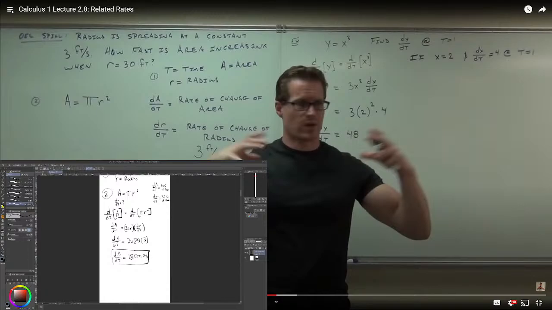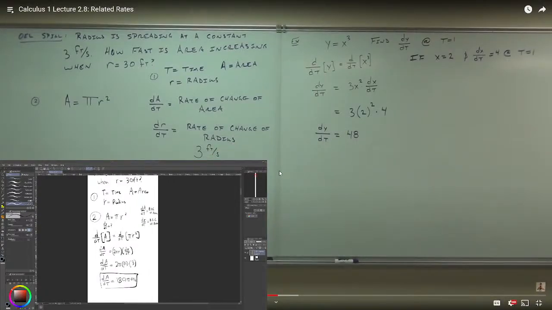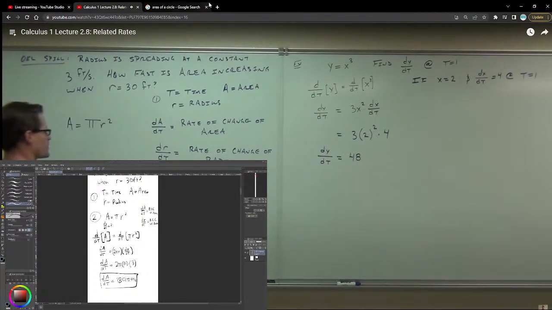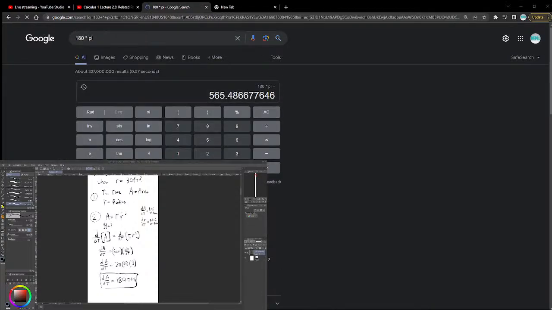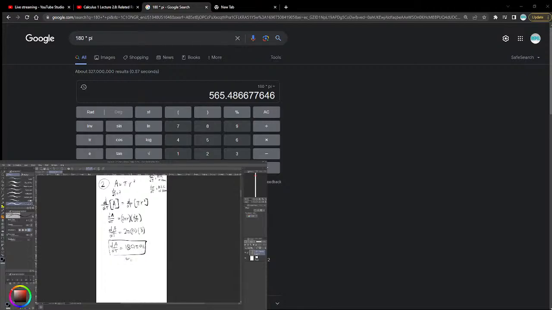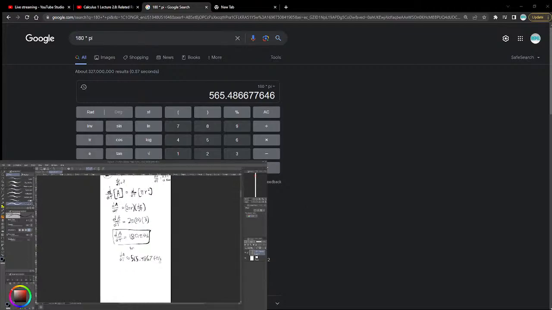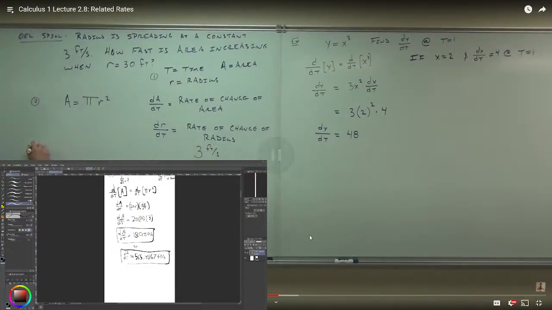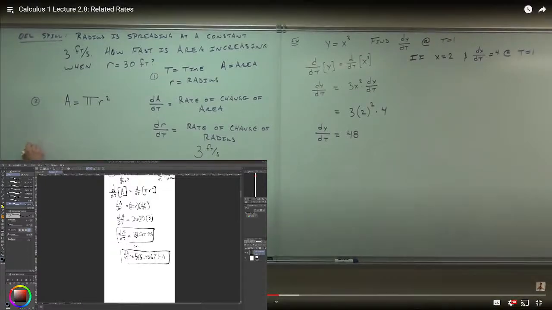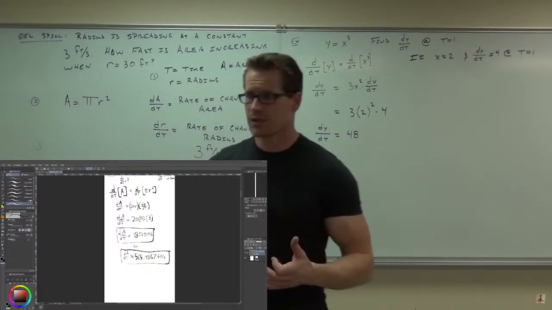Now, after this, we're almost done. The only thing that we've got to do now, step number 3, is take a derivative with respect to time, implicitly, because they're all functions of time.